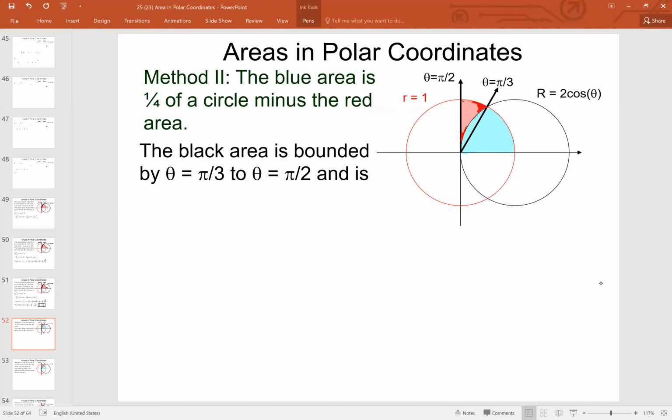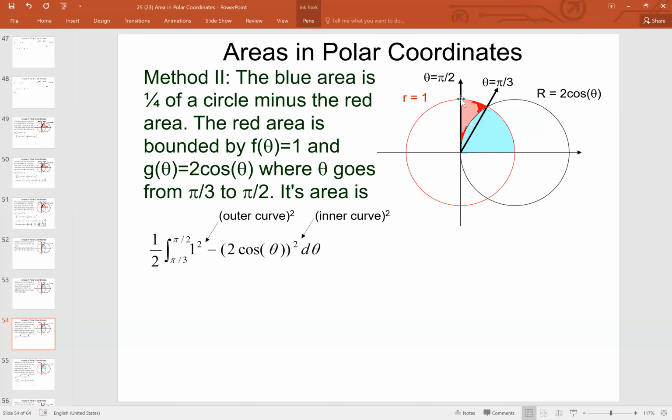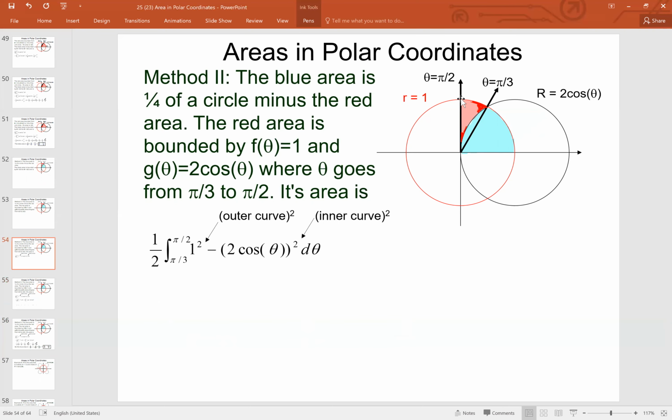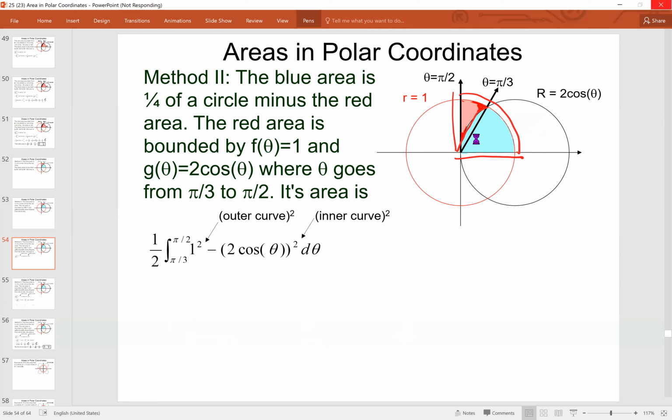Okay. And another way to do it is by subtraction. How? Here, I have an entire quarter circle. Okay, so here we go. We have this entire quarter circle, and I want to take away that little red piece up there, that little triangular red piece.